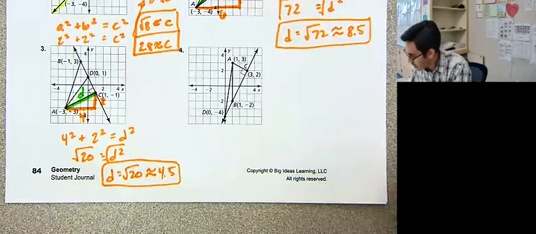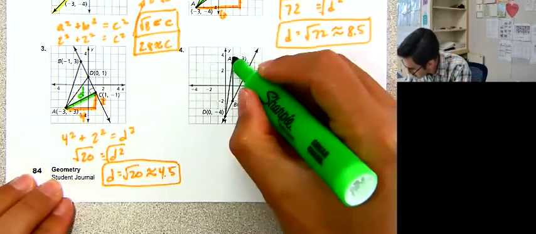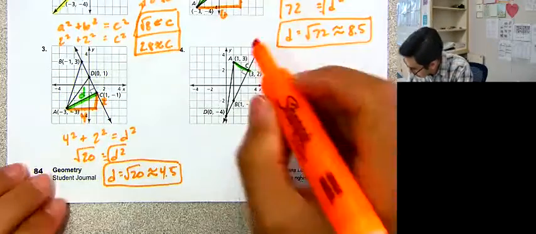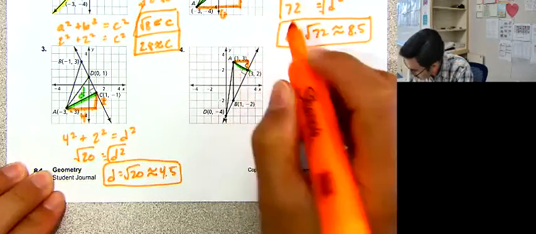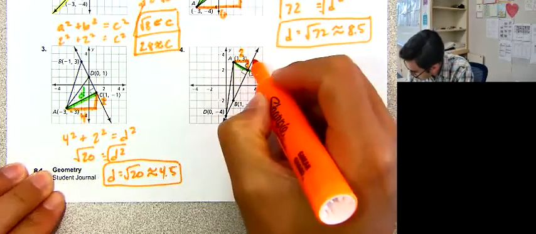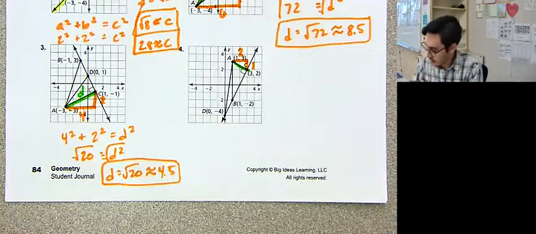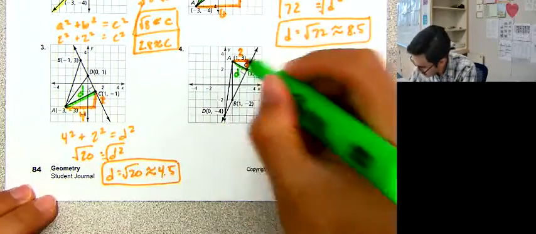And then the final one here, the shortest distance is going to be that perpendicular segment. Again, we can separate it into a horizontal and vertical component. That's 2 units horizontally and 1 unit vertically. And I keep forgetting to label my distance as d.